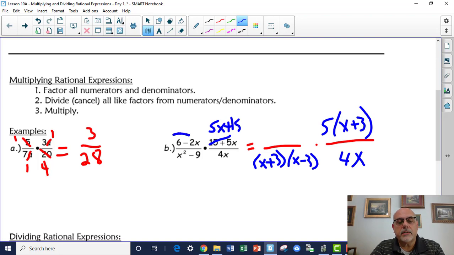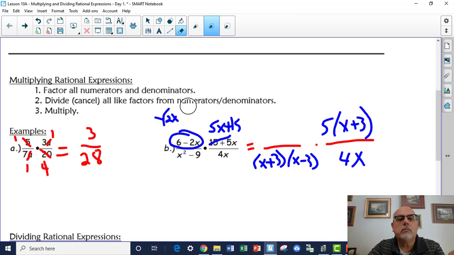Now we're left with this. If we factor out a negative 1, you can reverse those terms. So if I do negative 2x plus 6, no, 2x minus 6, excuse me. 2x minus 6.